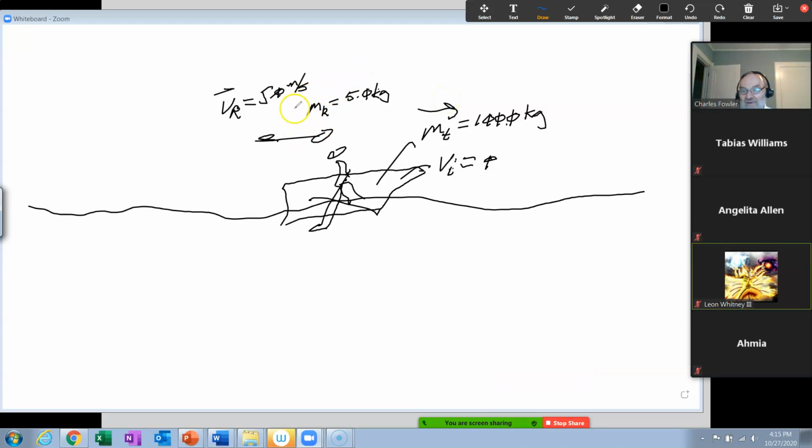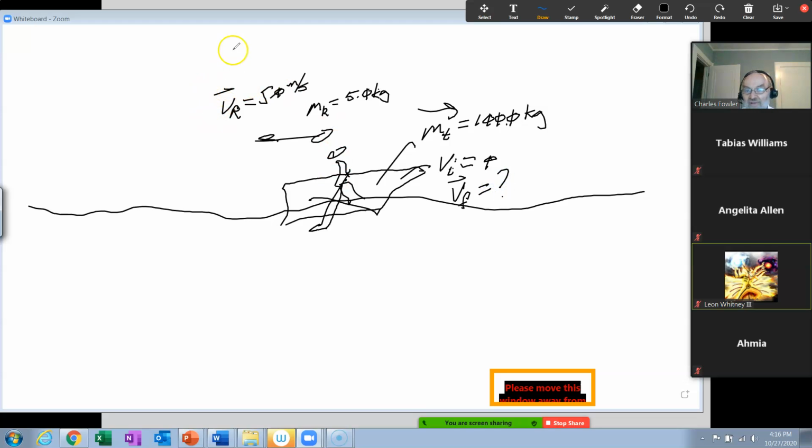So what we have to figure out is what the momentum of the rock in this direction is to find out what the momentum of the boat is. Once you know the momentum of the boat, you can get what would be the resulting speed. So we're looking for V final here. That's what we're looking for.